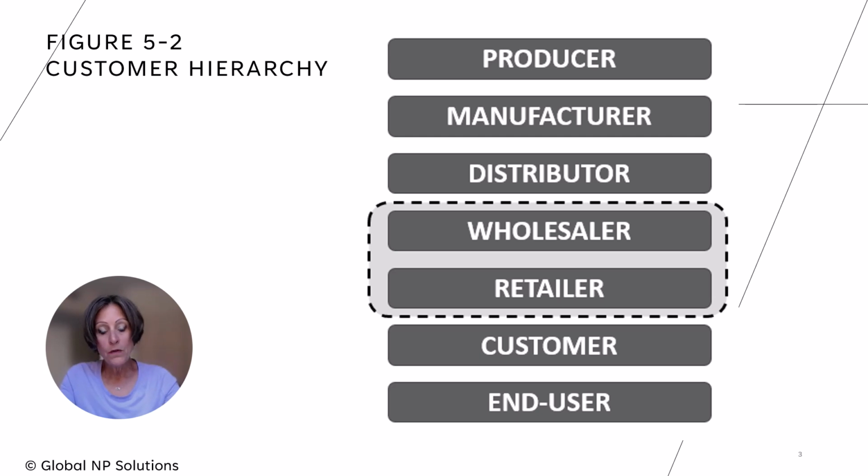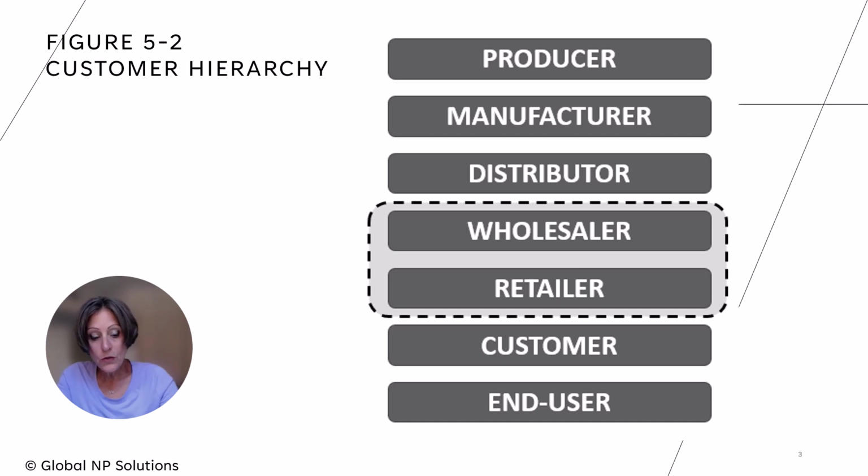For example, one of our clients is considered the brand name producer of kitchen appliances, such as coffee pots, blenders, and toasters. They primarily import finished goods from Chinese manufacturers and hold inventory in North American distribution centers. Wholesalers and retailers like Walmart and Costco place large product orders with the producer and are viewed as the customer.